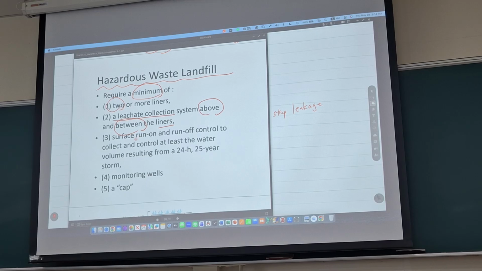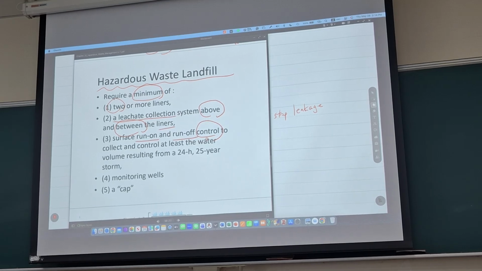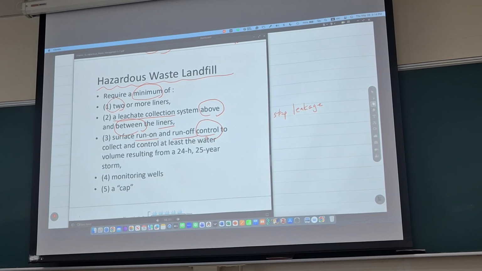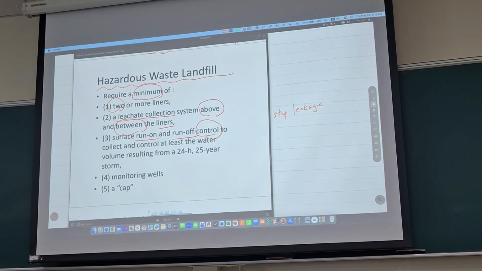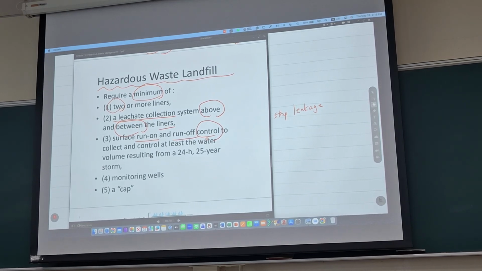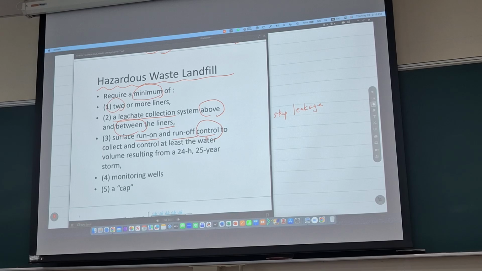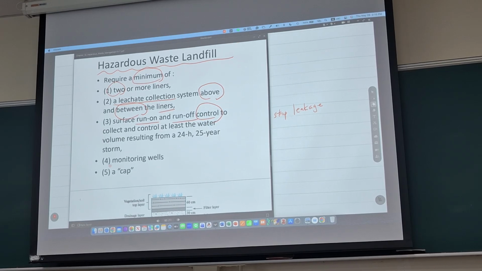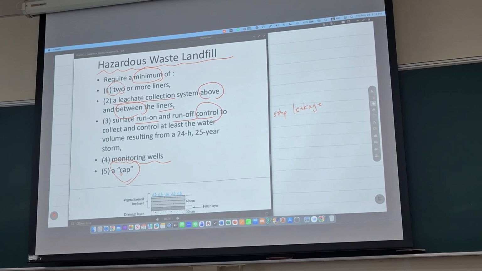And control the run-on and run-off of rainwater and surface water, at least the water volume resulting from a 24-hour, 250-year storm. It also requires monitoring wells. And don't forget about the cap.